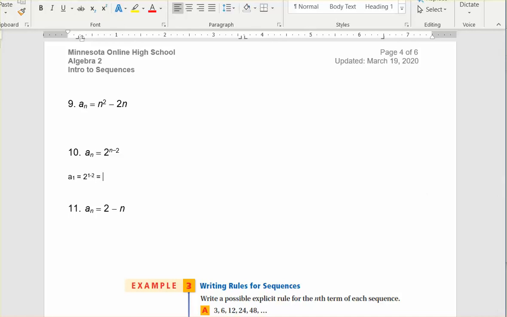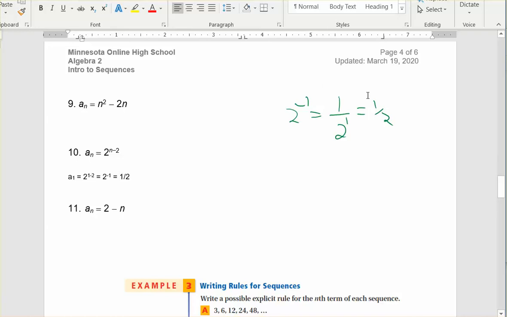Okay, and that is equal to 2 to the 1 minus 2, which is negative 1. And remember your rules for exponents. If you have a negative exponent, you can bring the base down, and then you can have a positive exponent. So this is the same as 1/2.